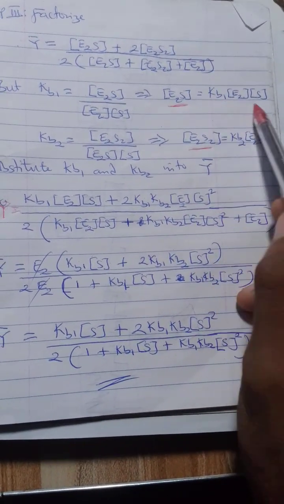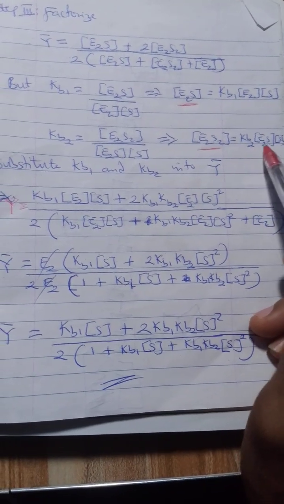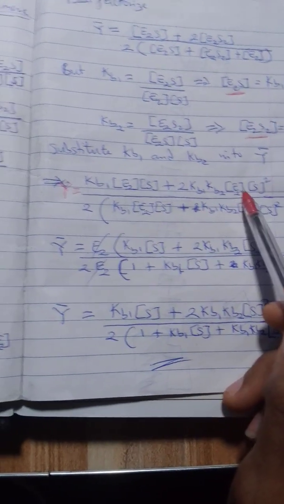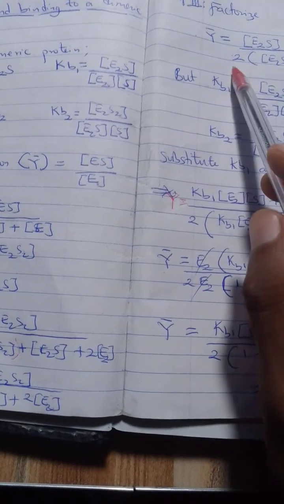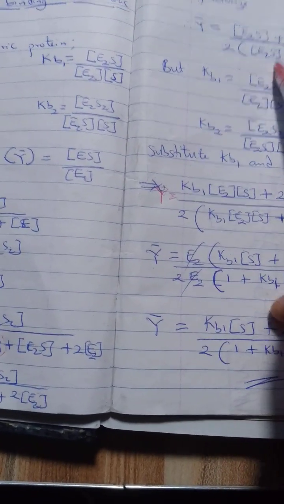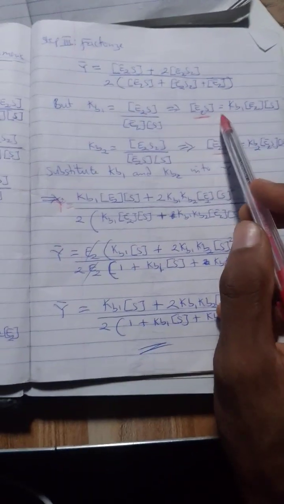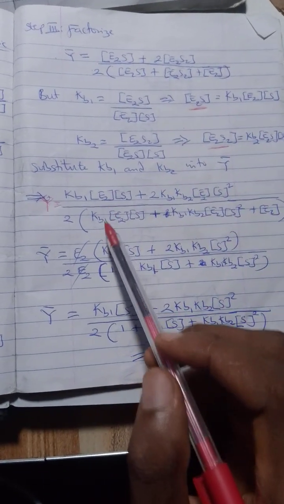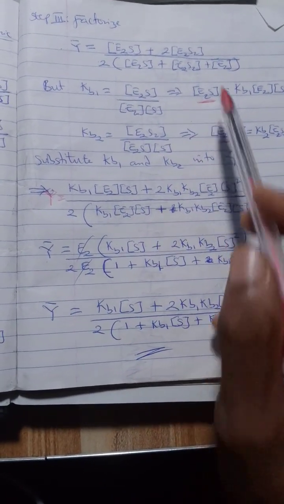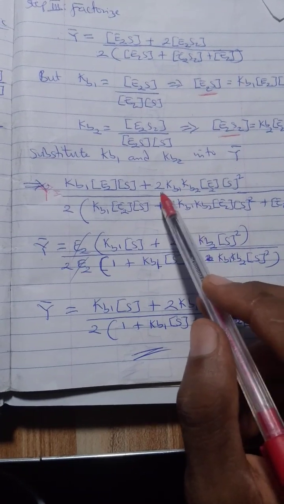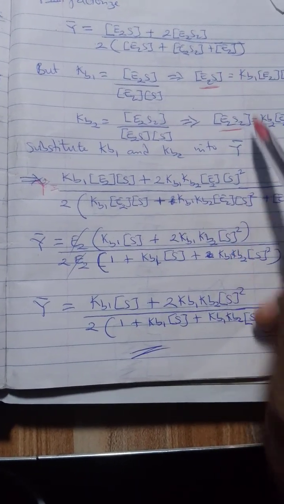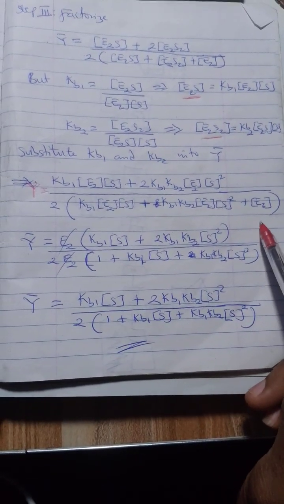Try it out. Substitute this in place of E2S and open the bracket. You see, you arrive at this. Now all over the denominator, we have 2 times E2S, where we input our value of E2S here, plus E2S2, the same thing, we input it here, plus our E2, this E2 here.